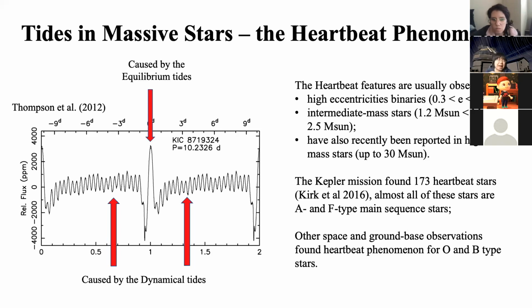This is actually an observation bias, because Kepler observes so few O and B type stars, but other space and ground-based missions such as BRITE, TESS, and ASAS-SN report that the heartbeat feature can also be found in massive O and B type stars, up to 30 solar masses.